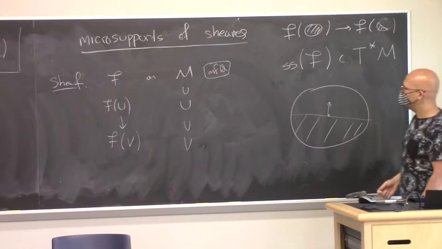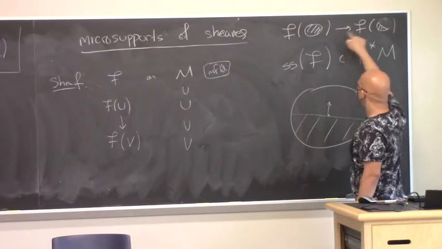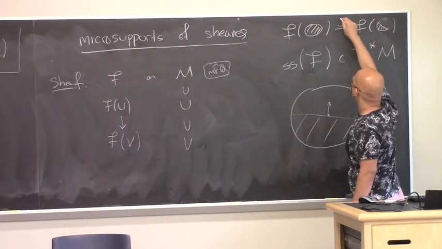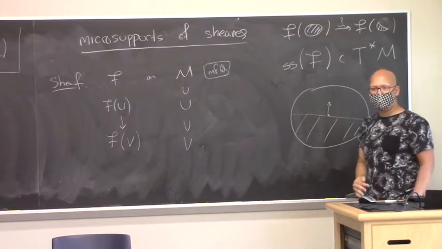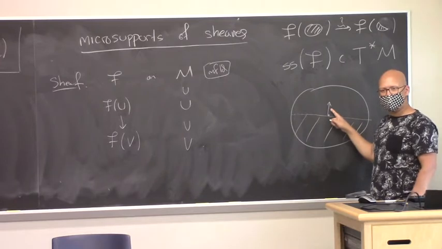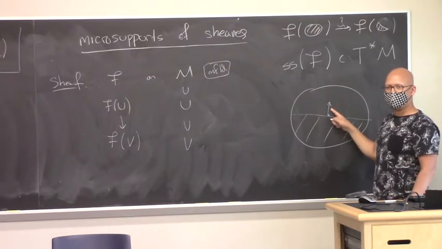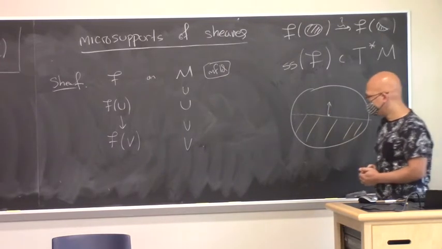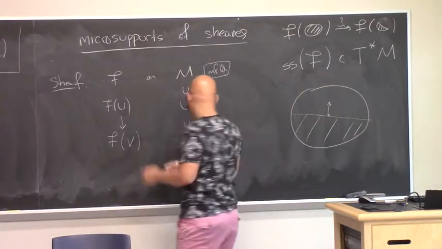I have a restriction map, and I can ask, is this map an isomorphism? And if the answer is no, then this covector is in the micro-support. So that's what the micro-support is. I'll do some actual examples in a second.